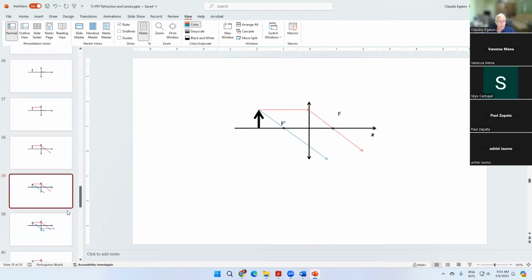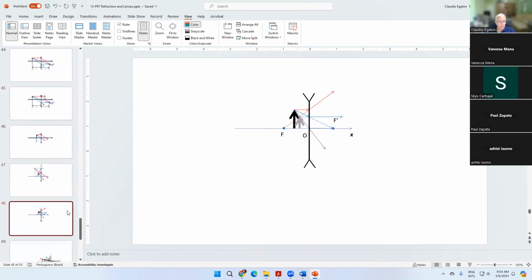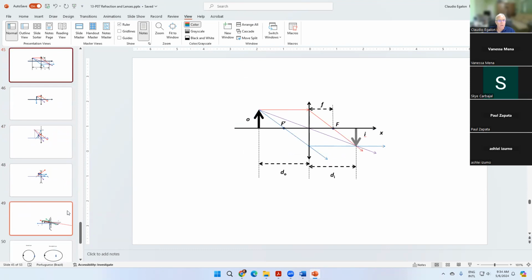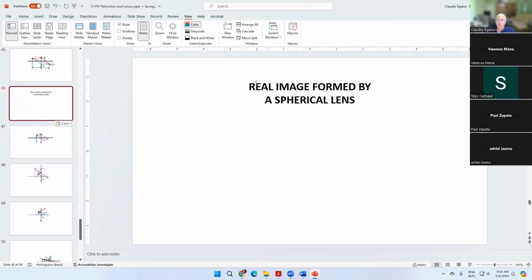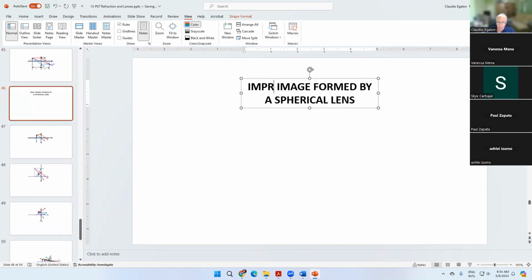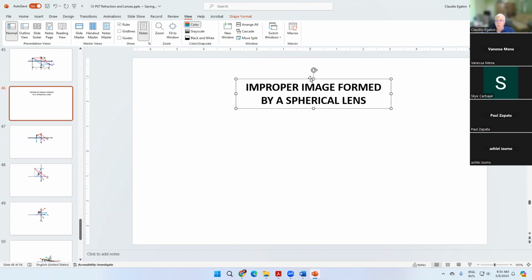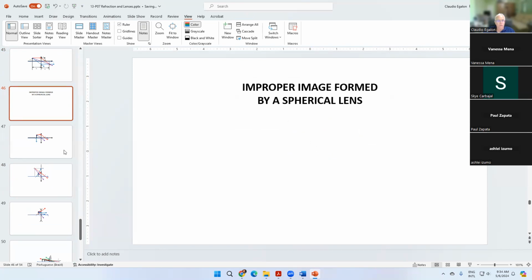Improper image formed by a spherical lens. Here you go.